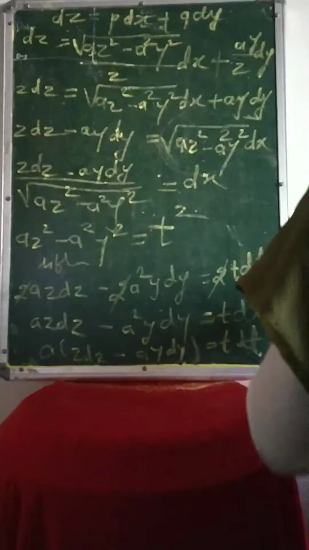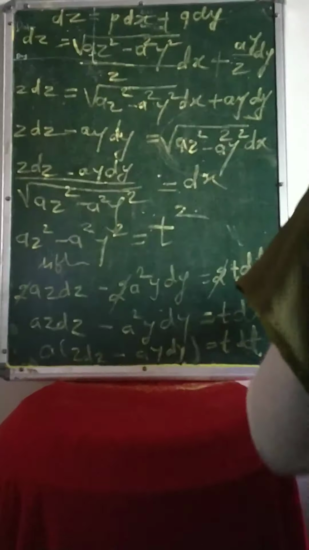Now again t equals a multiplied by x plus b, simply a transfers to this side. So this is the value of t. So t square is a square into x plus b whole square. So this is the value of t square.